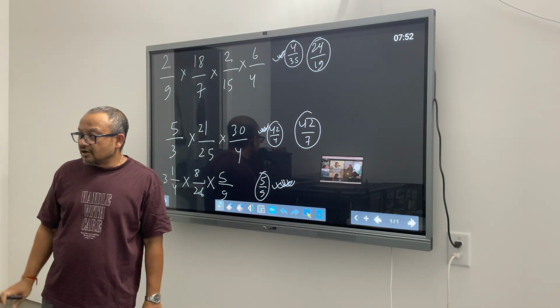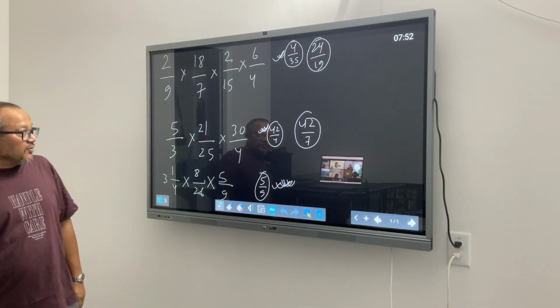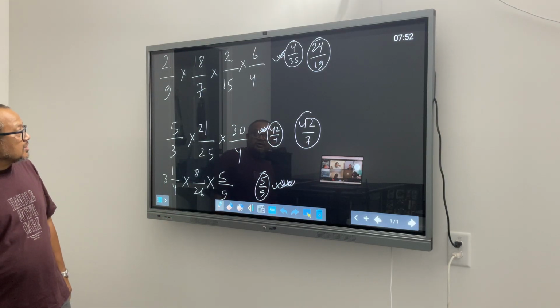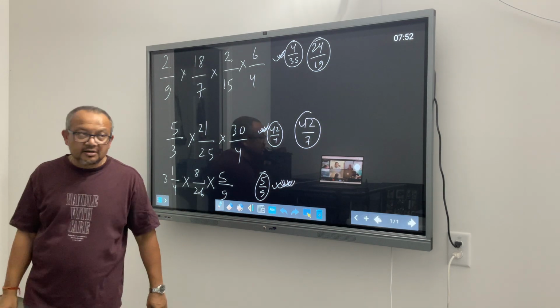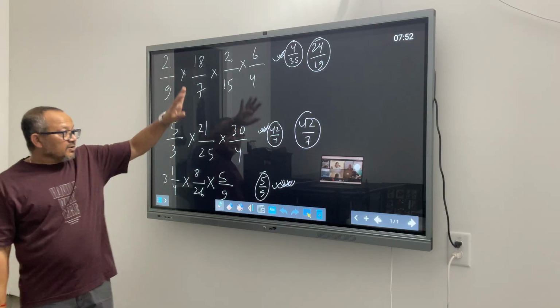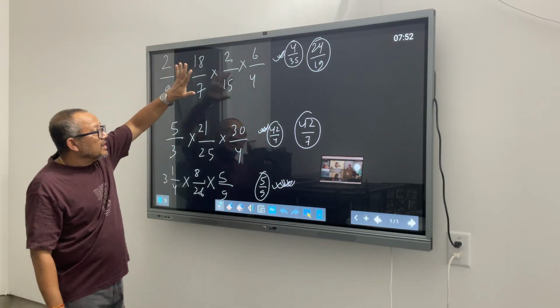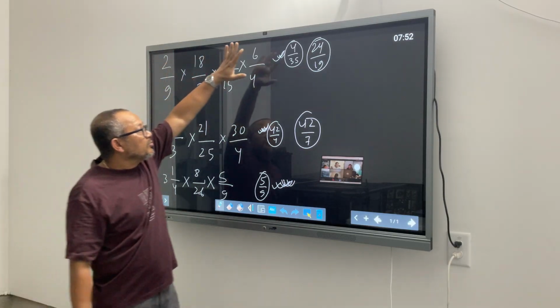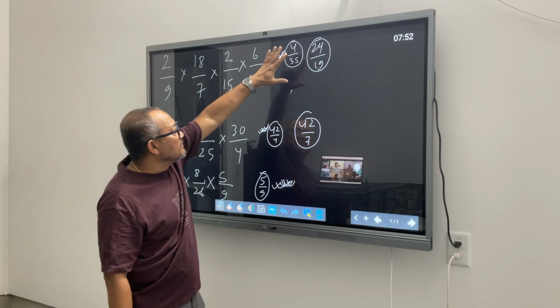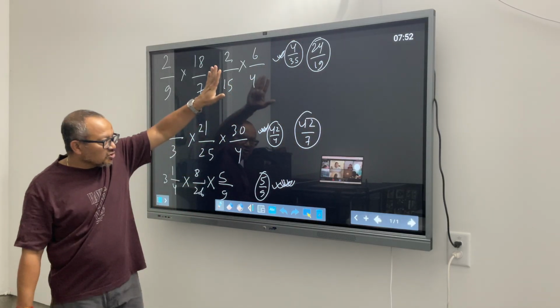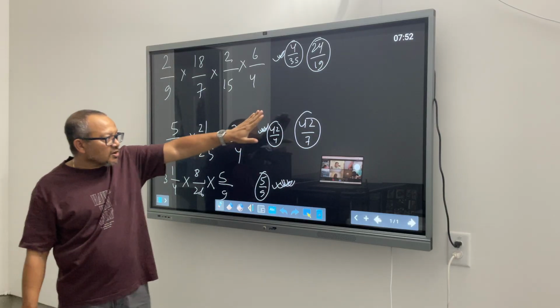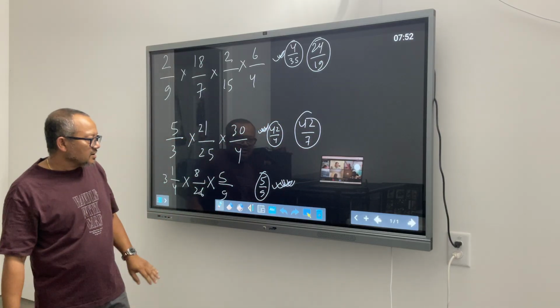Okay. So now, before I go to Aniket, who was asking me some questions that I was not able to understand because I was not able to see his notebook well. For this problem, most of you got 4 over 35, only one of you got 24 over 90. For the second one, most of you got 42 over 4, one of you got 42 over 7.